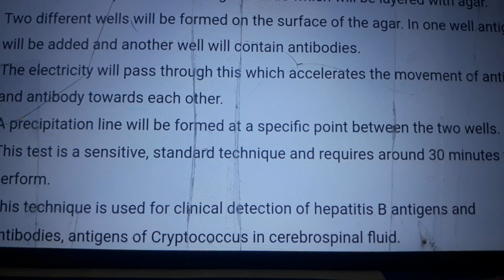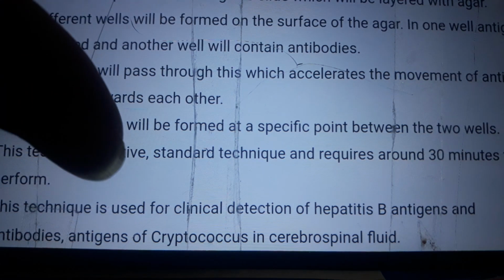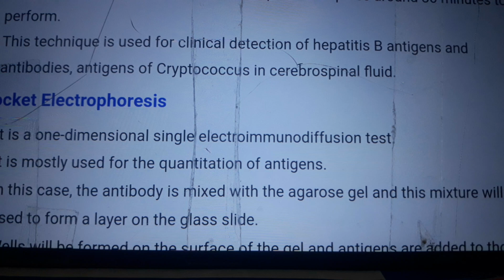The electricity will pass through this, which accelerates the movement of antigen and antibody towards each other. A precipitation line will be formed at a specific point between the two wells. This test is a sensitive standard technique and requires around 30 minutes to perform. This technique is usually used for clinical detection of hepatitis B antigens and antibodies, and antigens of cryptococcus in cerebrospinal fluid.